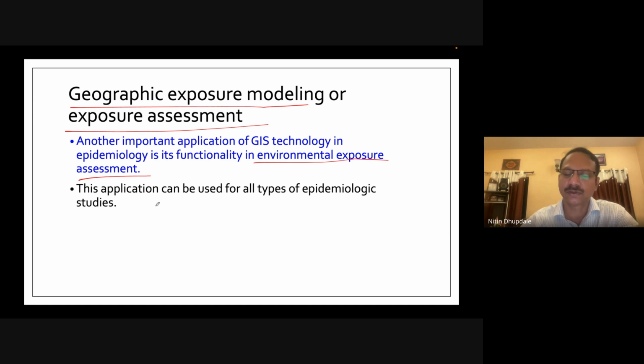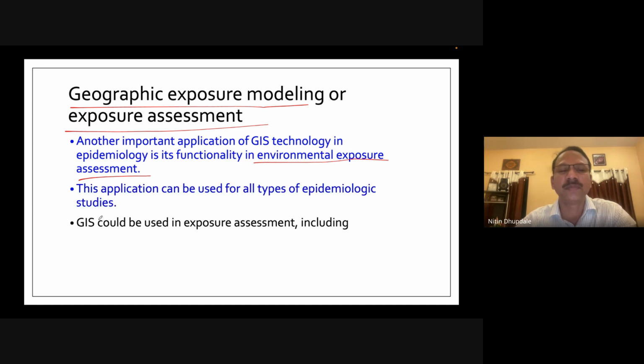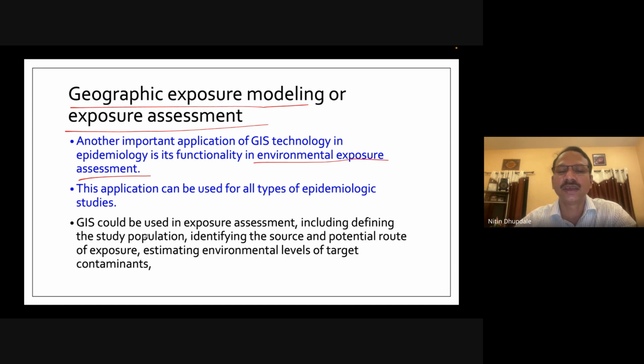This application of exposure modeling is especially important in environmental epidemiology, trying to find out the various exposure assessments.